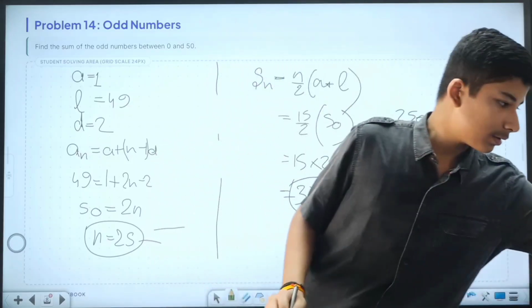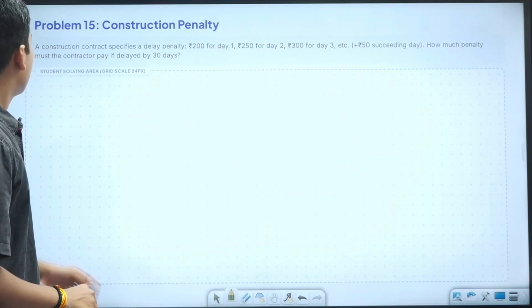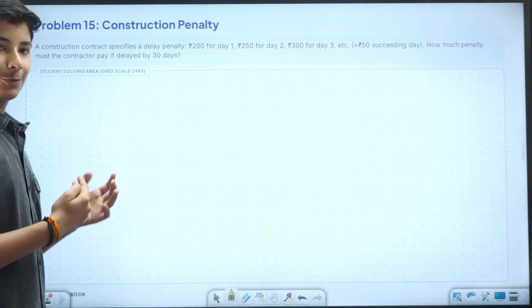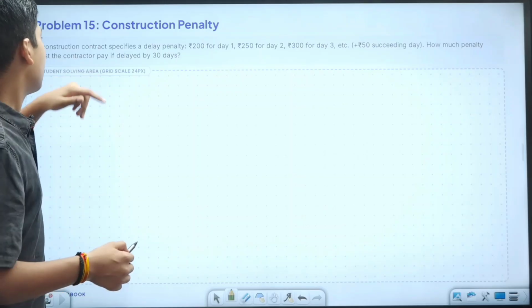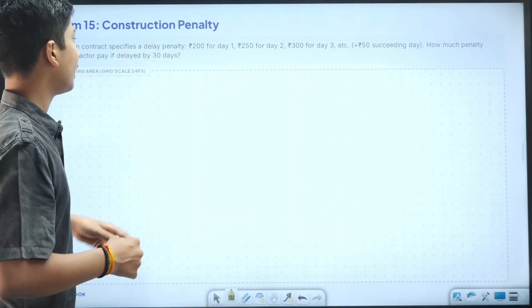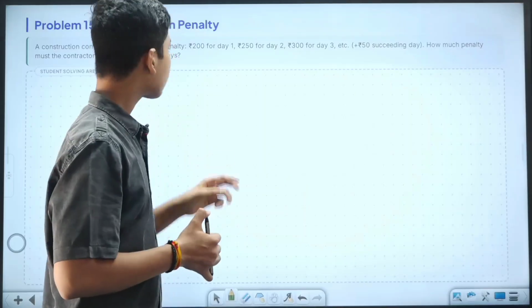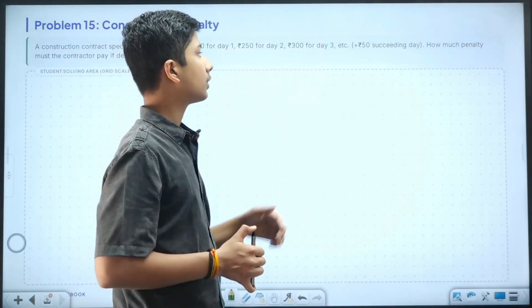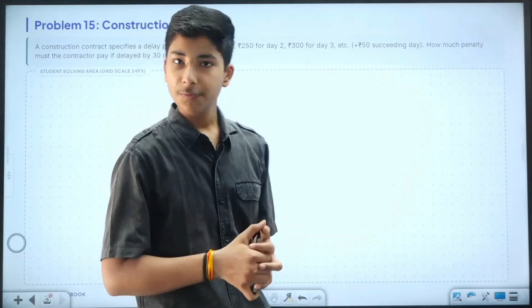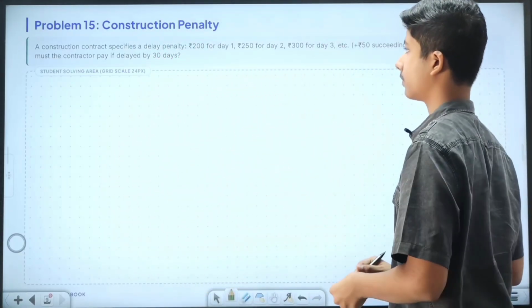Now we'll continue with our last question of this video, which is: a construction contract specifies a delay penalty of 200 rupees per day for 1 day, 250 for 2 days, 300 for 3 days, etc. Means 50 rupees is increasing for each day.